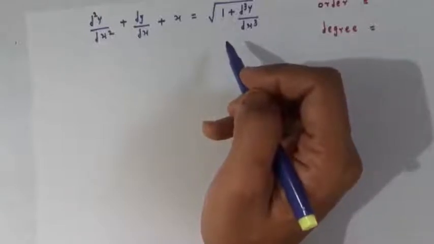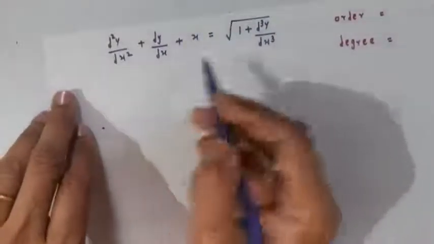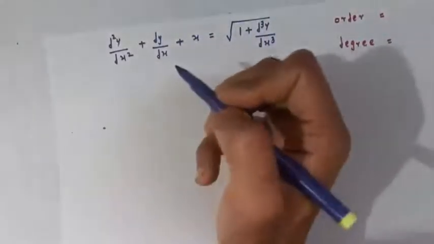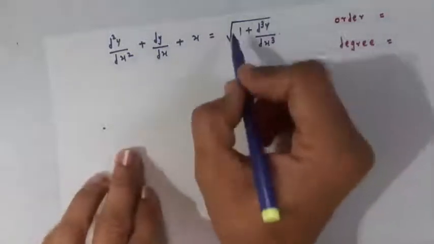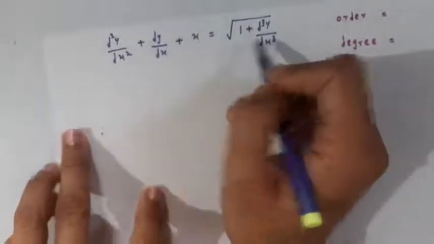To simplify, the RHS is in square root form, so to cancel this square root, we square both sides.